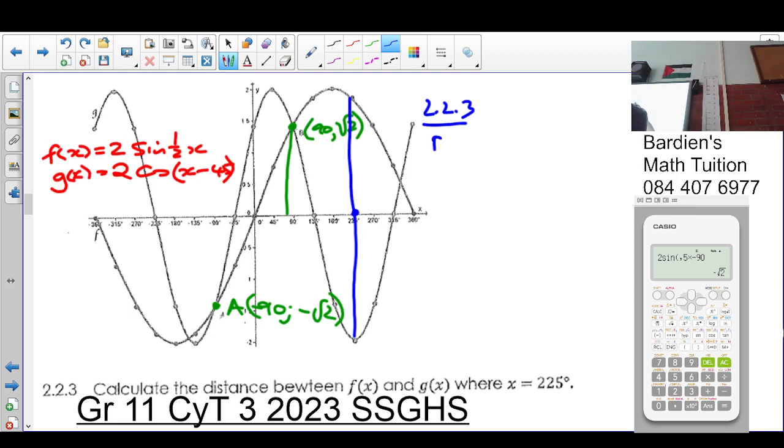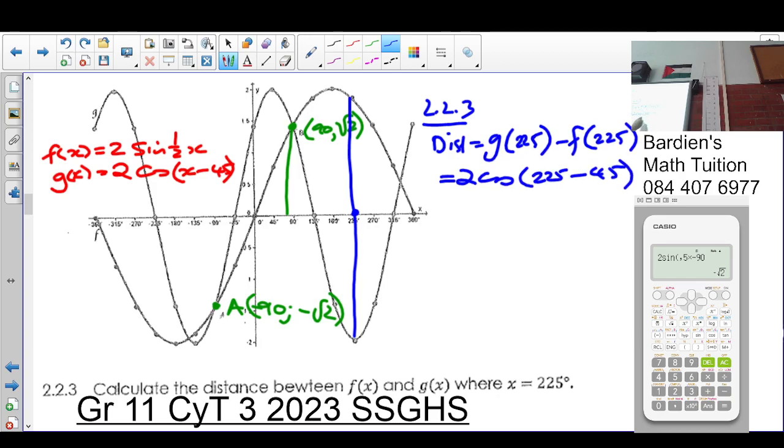So the distance is going to be g of x minus f of x, or we can simply say g of 225 minus f of 225. So g is 2 cos 225 minus 45, minus f of x, which is 2 sine of a half times 225.